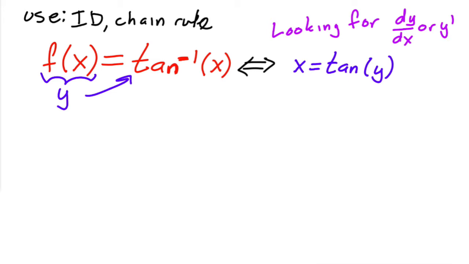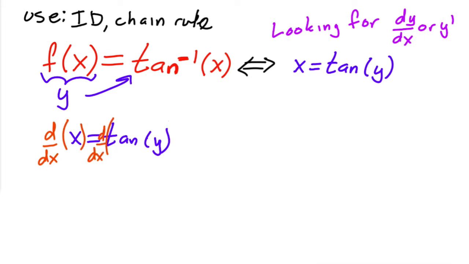So if I write down x equals tangent y again, and let's say I take the derivative of both sides, using implicit differentiation, I get the derivative of the left side and the derivative of the right side.